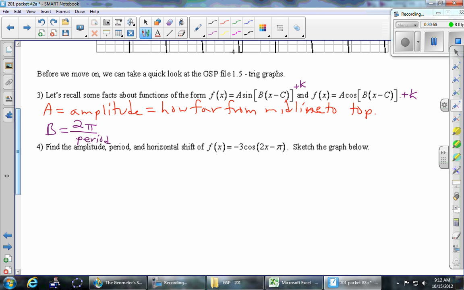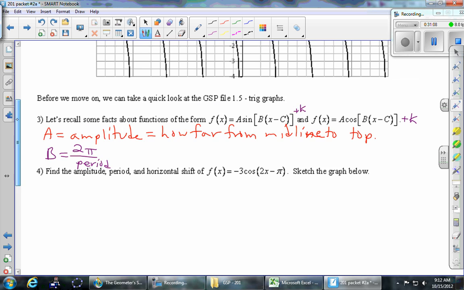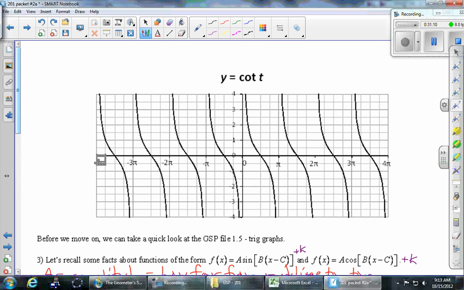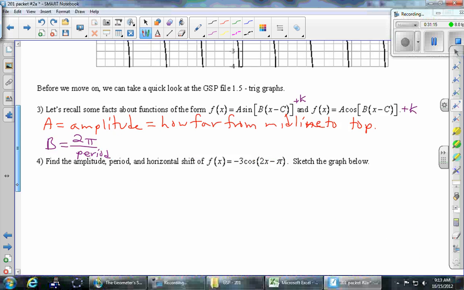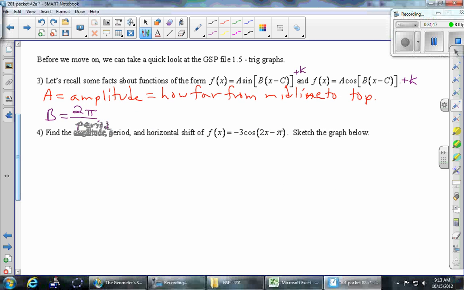I mean, it's true for sine and cosine because the period of sine and cosine normally is 2 pi. If you were trying to do something with tangent, this 2 pi would change. What's the period of cotangent? It's pi. So this 2 pi over period would actually become pi over period. Again, we're mostly going to be doing sine and cosine. So this is fine. I'll just write in case you happen to want the other direction. If you happen to know what the period is and you want to figure out what B is, 2 pi over B.